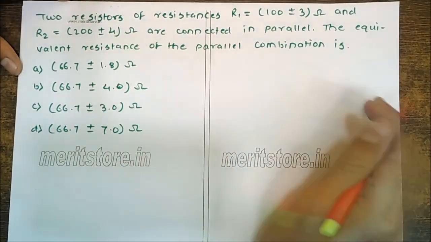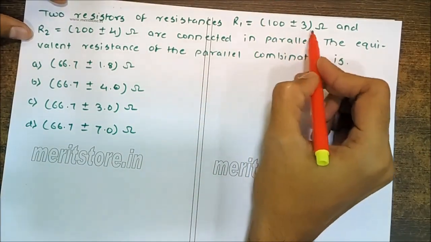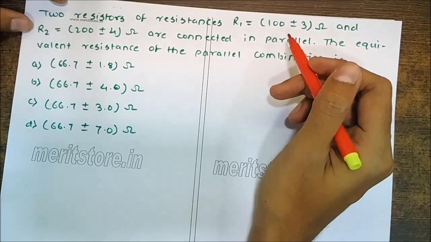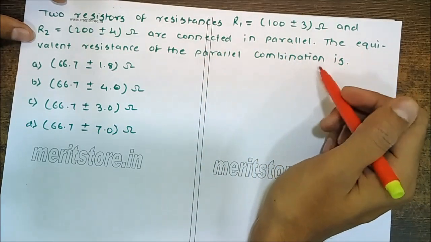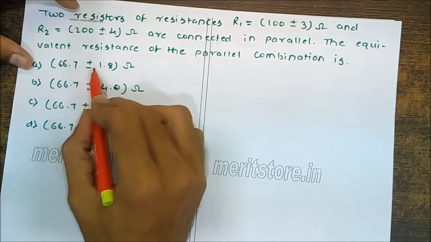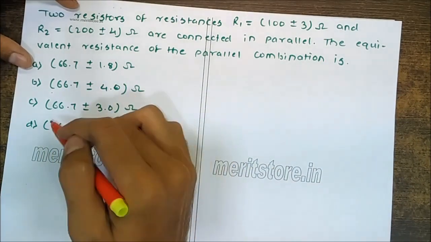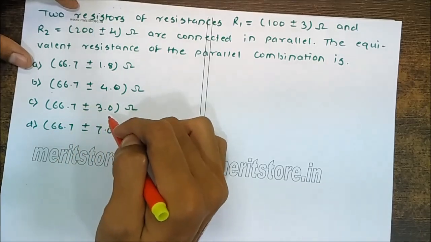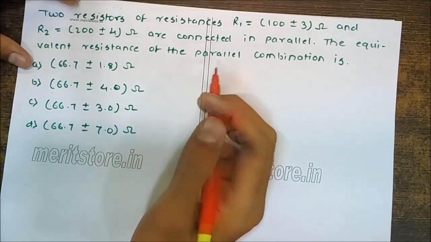Now, two resistors of resistance R1 equals 100 plus minus 3 ohms and R2 equals 200 plus minus 4 ohms are connected in parallel. The equivalent resistance of the parallel combination is 66.1 plus minus 1.8 ohms, 66.7 plus minus 4.0 ohms, 66.7 plus minus 3.0 ohms, or 66.7 plus minus 7.0 ohms.